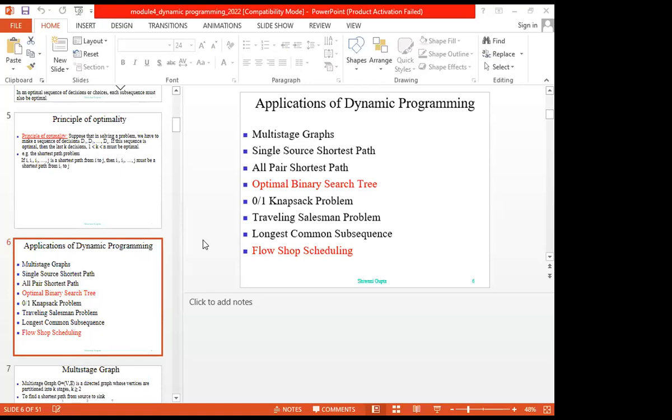Each student must attempt one problem from multi-stage graph, one from single source shortest path, one from all pair shortest path, 0/1 knapsack, traveling salesman, and longest common subsequence. That is the minimum mandatory. The deadline will be Sunday end. Try and complete it, because of the 3 problems I had given earlier, only 3 problems you have to do now. So that completes our portion for ISA as well as module 4.